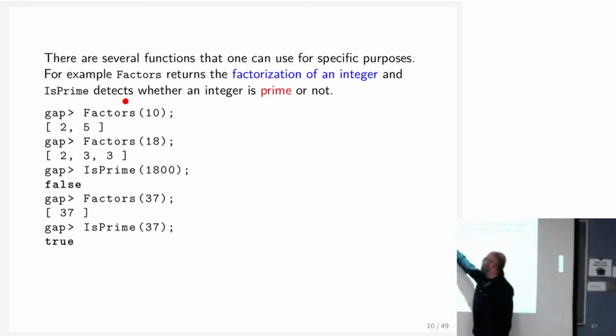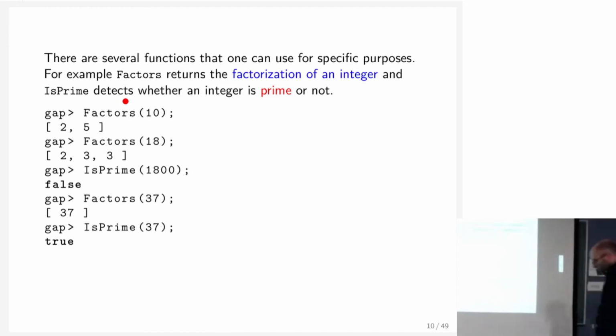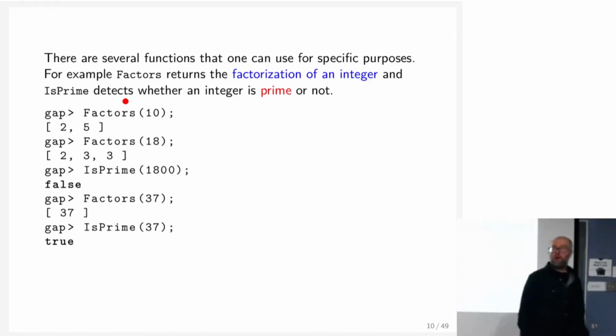Factors of 10 will return this, 2 and 5. And why the square brackets? Because this is a list, an ordered sequence of things. Then we get the factors of 18. We check whether this number is a prime number or not, and then here the same.